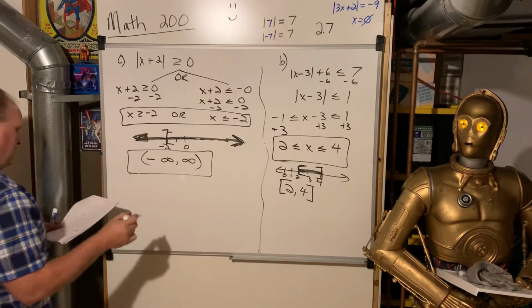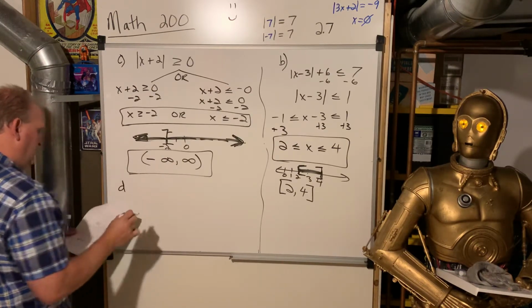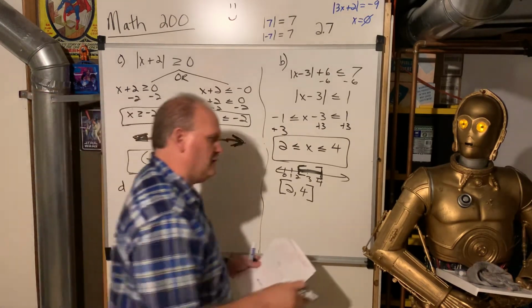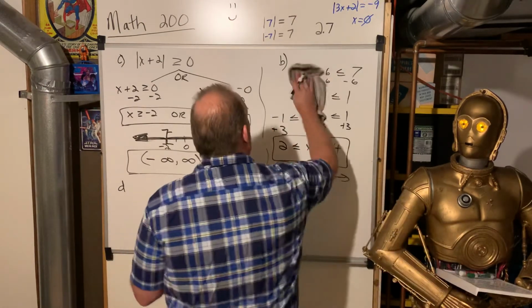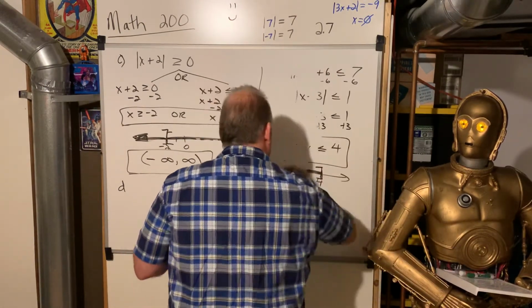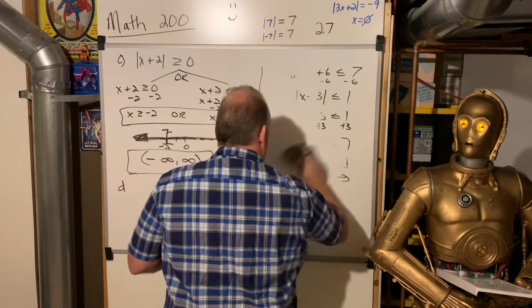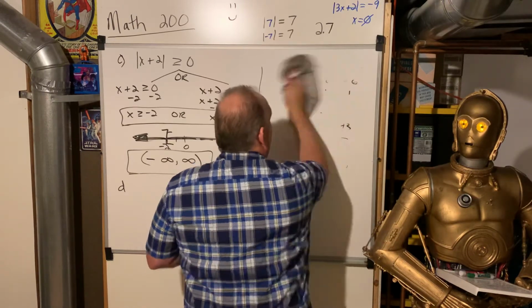All right, let's get D. Oh, that one's a little tougher. That one's got a fraction.